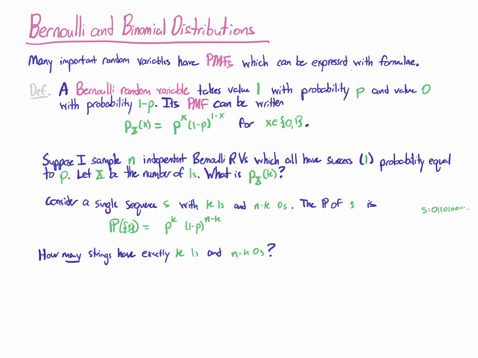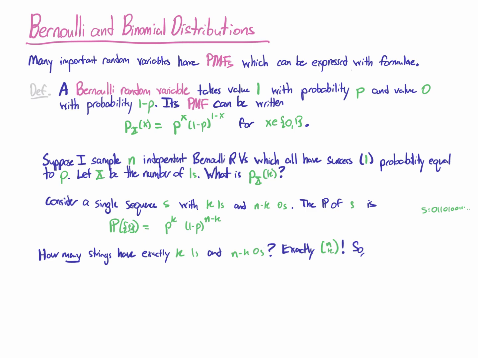It has n bits, n slots, and I need to pick k of them to hold ones. So I need to pick k items from a set of n possible items, and that means my answer for how many strings there are is our friend the binomial coefficient, n choose k.